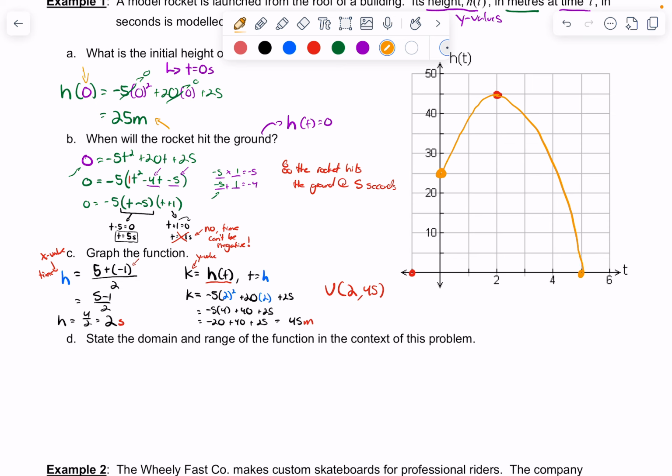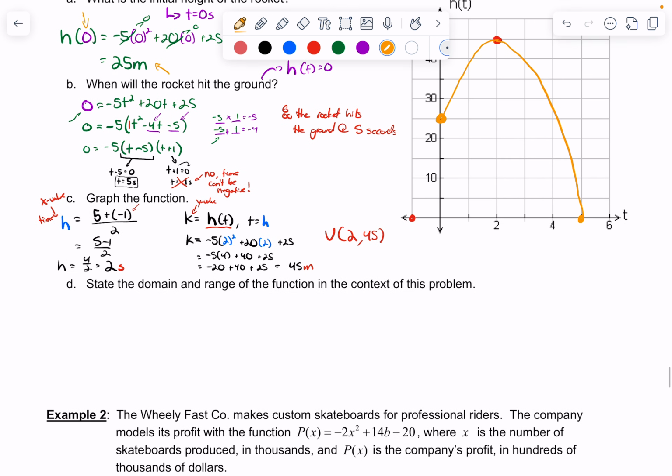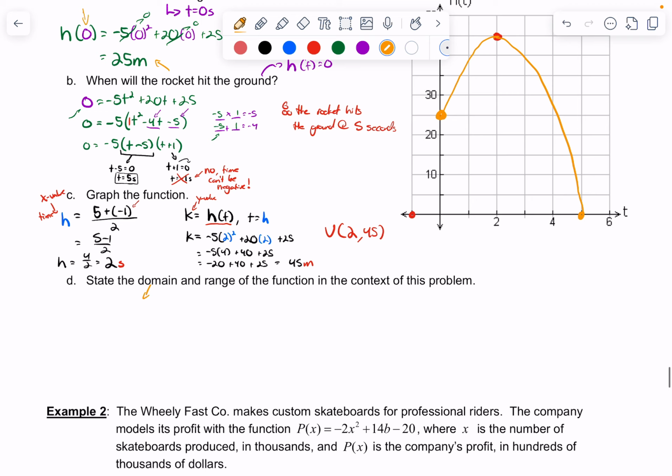Perfect. So state the domain and range of this function in the context of this problem. All right, so domain is talking about what can x be, right? In this case, x is measuring time, and the biggest value of time in the context of this problem is 5 seconds, and the lowest value right here is 0 seconds.